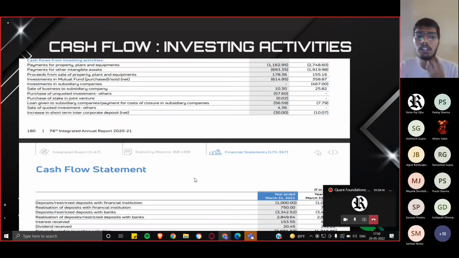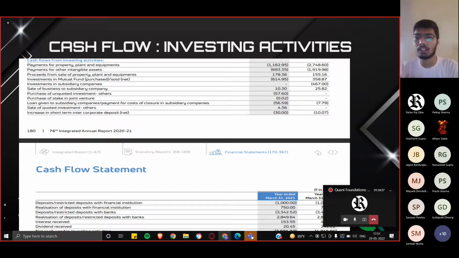Unquoted means suppose there is a private entity which is not listed on the stock market, then that company is unquoted. Sale of quoted investment, others. So you had made some investment, but now you are selling that investment.